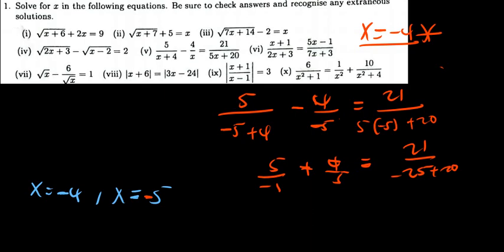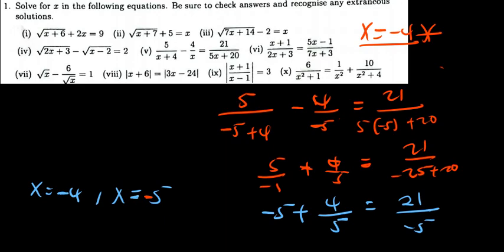Here is the same as negative 5, just negative 5. It's okay if you can write it like that way. Negative 5 plus 4 over 5 is equal to, this will be 21 divided by what? It will be 21 divided by, down here is going to be negative 5, like that.